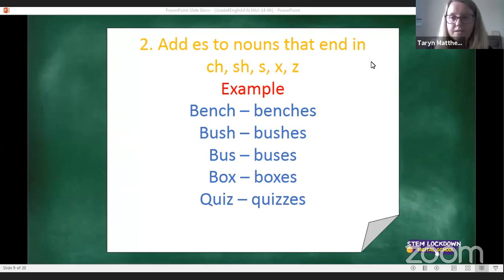Toothbrush. Very nice. Okay, I see some people are raising their hands. So remember, the word must end in those letters. And it must be a noun.